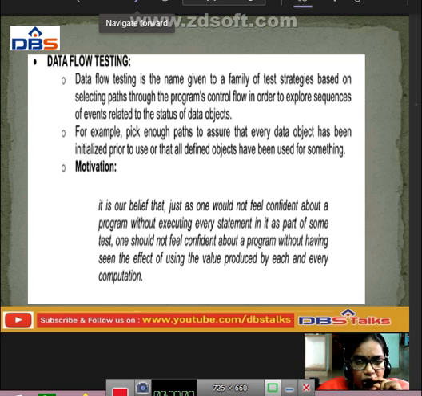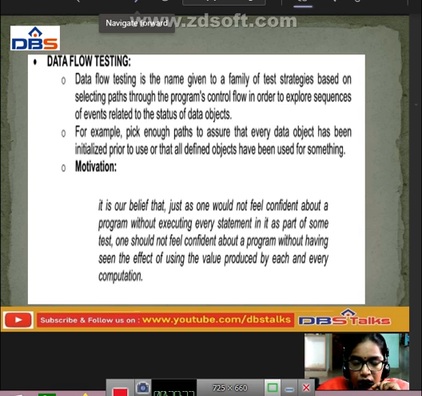The basic thing is that it is initialized right at the start. Once you take a particular type of data object, you can pick the path where it is used. After picking the path, we can assure that each and every data object is initialized.